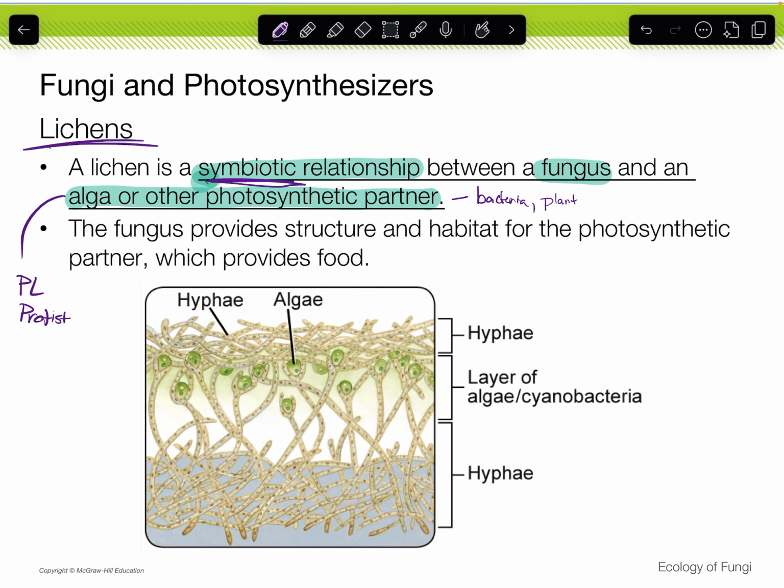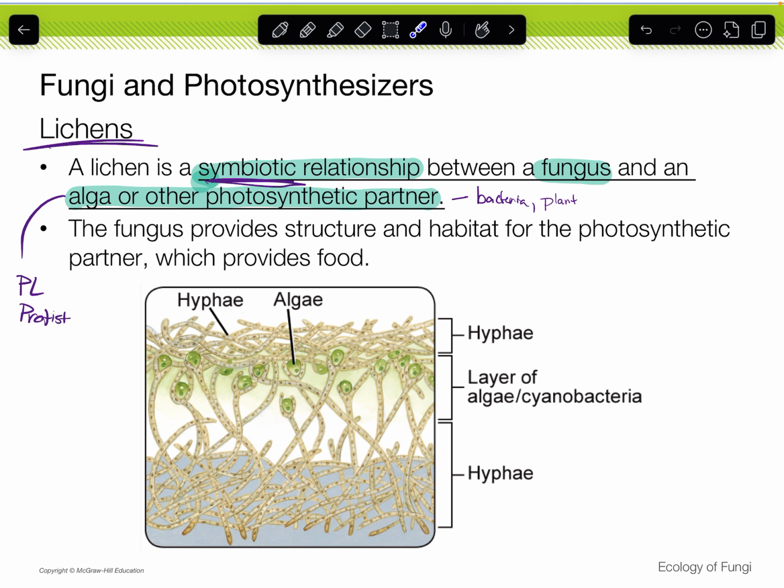So this is a symbiotic relationship. And in this symbiotic relationship, we've got a couple things that happen. We're going to have a bunch of hyphae, and those hyphae are going to join with alga. The hyphae essentially hold the alga where it's supposed to go, and they trade nutrients.